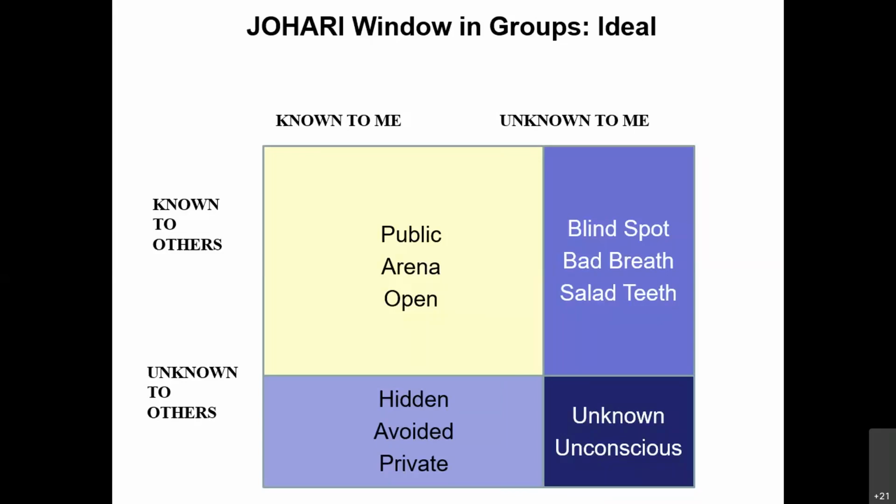So in public life, as much as possible, the known to me and known to others square must be larger in size. Especially in my case, as I have been teaching yoga and discussing things very openly in my classes, my life has also been quite open that way. In my life, I have nothing to hide as such.